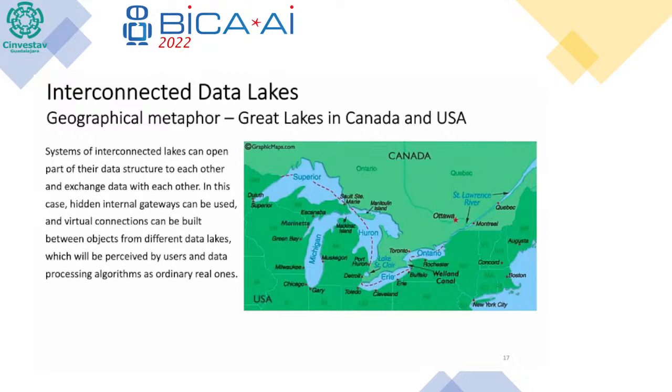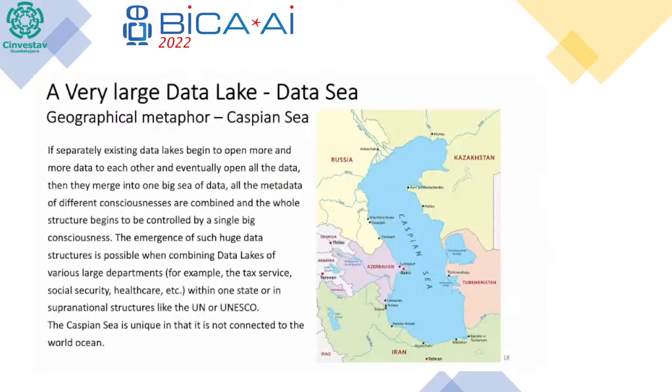This metaphor shows us data lakes that have open parts of their data structures to each other and exchange data with each other. A very large data lake, a data sea, is our next metaphor, for example, the Caspian Sea.